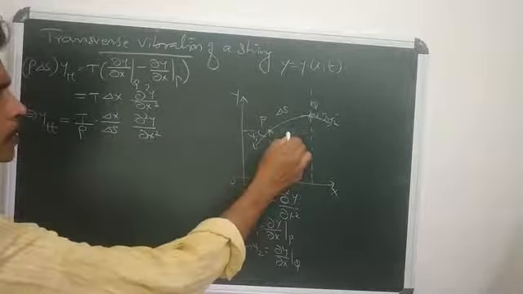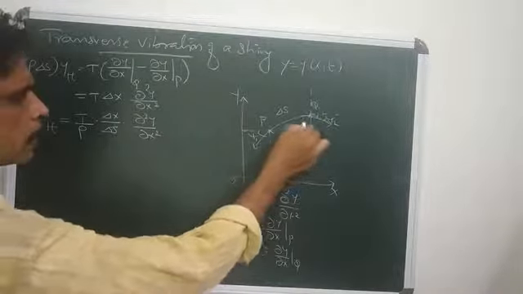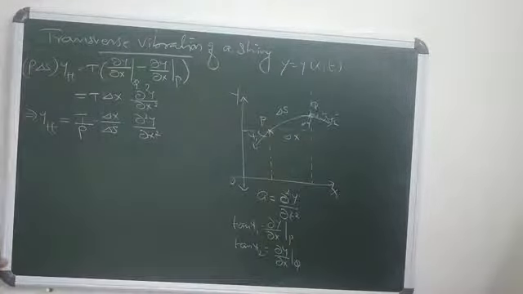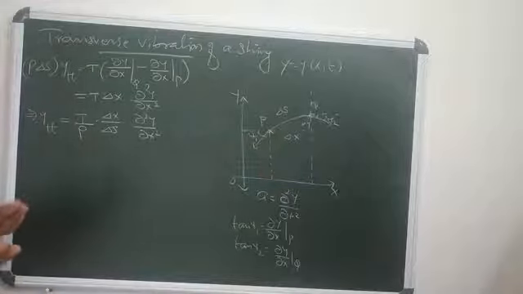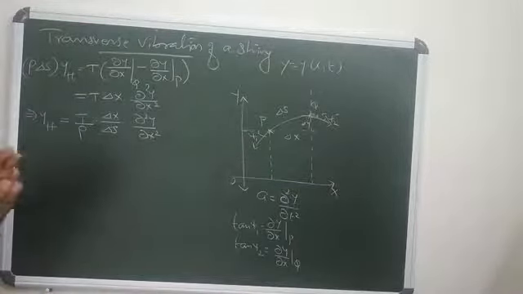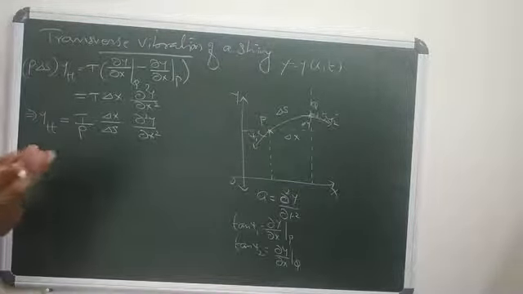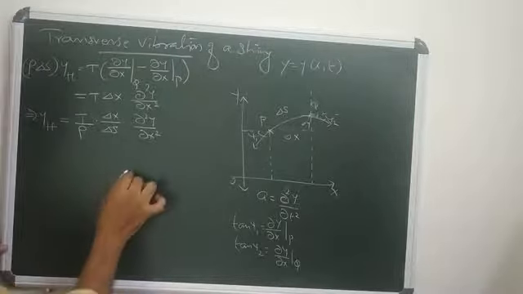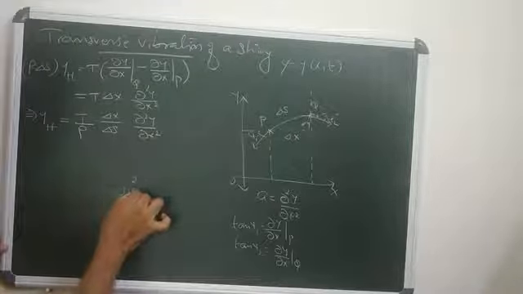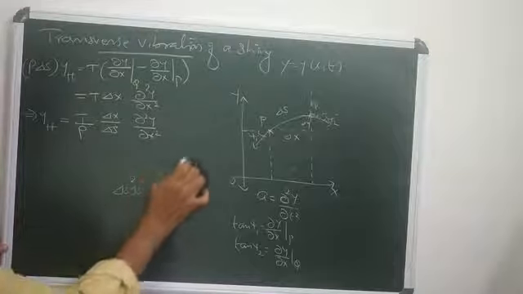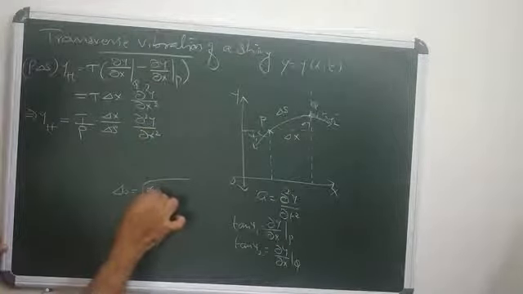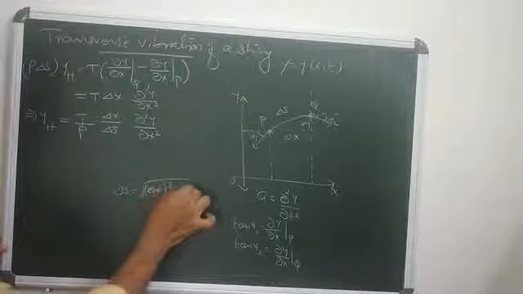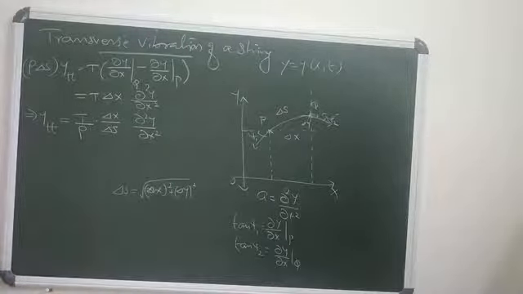This is delta s, this is delta x and this is delta y. Since delta s is a very small portion, it is just a straight line. So by the right angle triangle, delta s square equals delta x square plus delta y square.